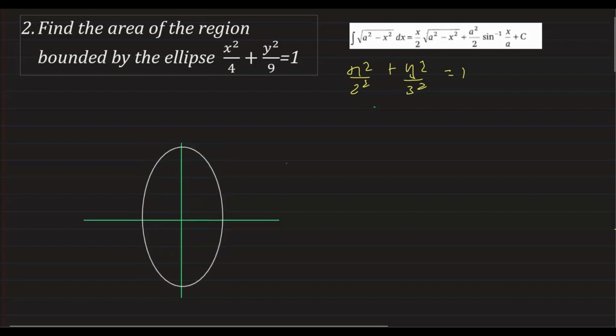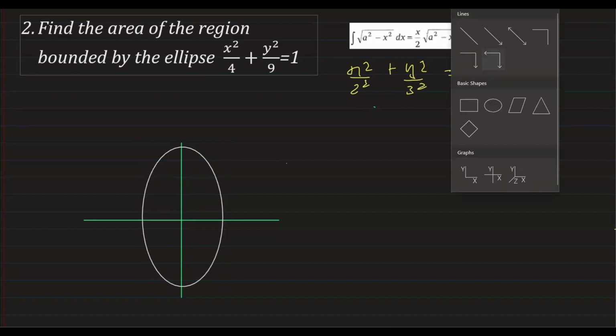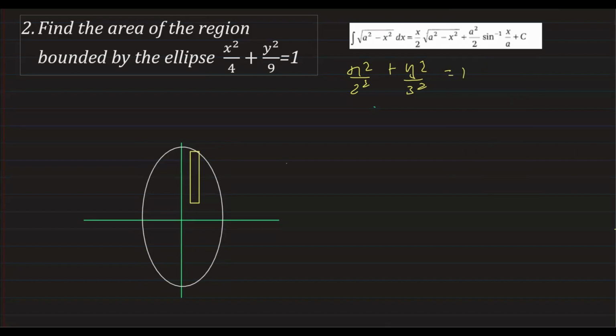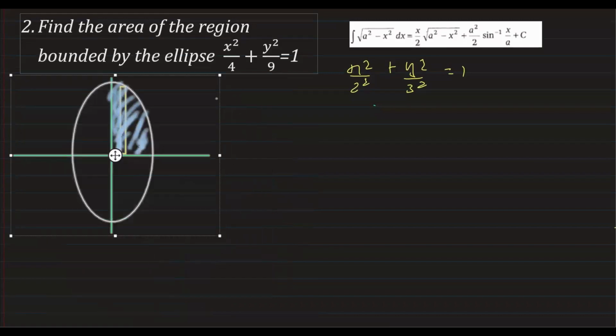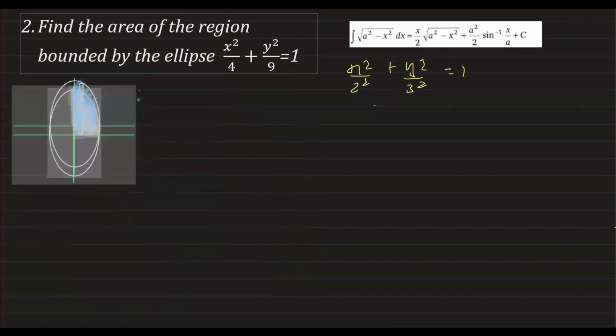Now, similar to the previous question, here also we'll be first finding the area of this and multiplying by 4. But before that, we need to make a strip here. I'm going to make a vertical strip here. Right. So next, I'm shading the area that I have to determine. That is this area here we'll be finding out and multiplying by 4. So once you have done with this, let's keep it aside.